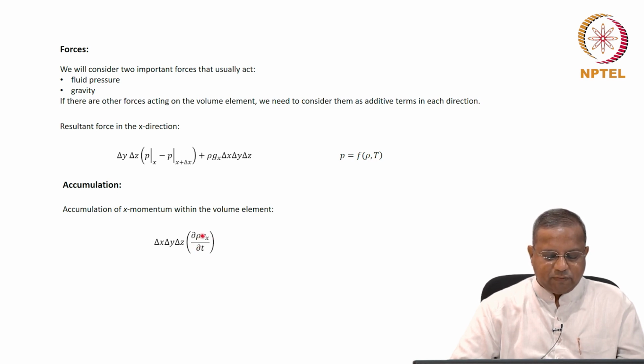Density times velocity is momentum. Density is mass per unit volume, so you multiply by the volume to get mass, and then mass times Vx gives you the momentum in the x direction that is getting accumulated in the volume element. The partial derivative with respect to t represents the time variation. So that is the accumulation rate.